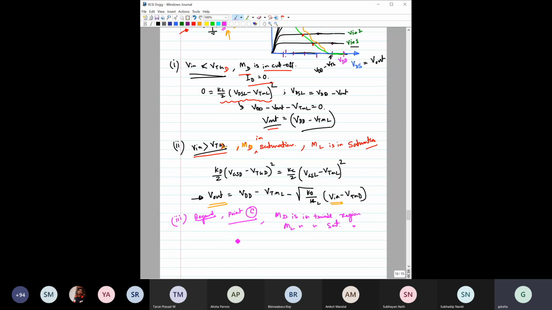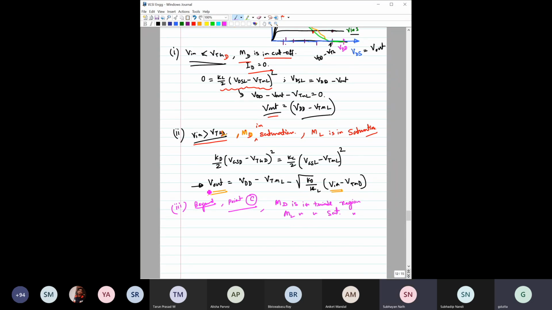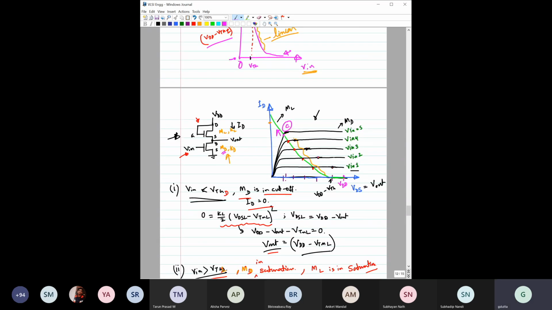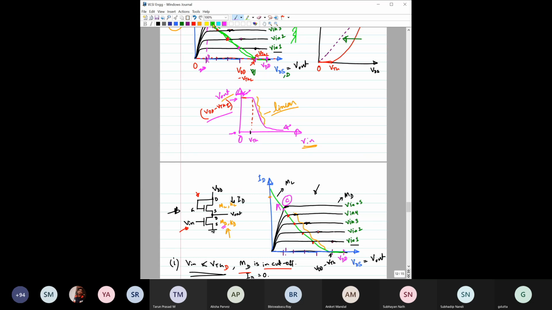So that way you can also construct an equation, and you can also find a relation between V output and V input for this region. Obviously this will not be a linear relation. So please try to find out what this relation between V output and V input is for this region.